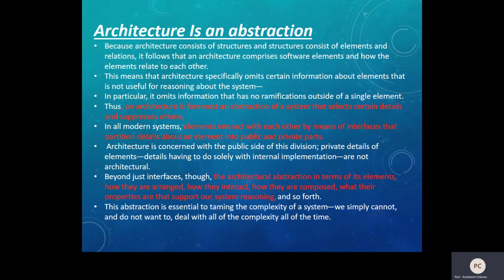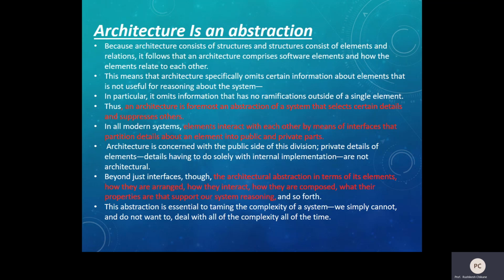Okay, so beyond just an interface, the architectural abstraction is about its elements, how they are arranged, how they interact, how they are composed, and what their properties are, which supports our system reasoning. Whenever we say architecture abstraction, it is nothing but the elements present in your architecture, and those elements must be arranged in some fashion so they can pass information from one place to another.